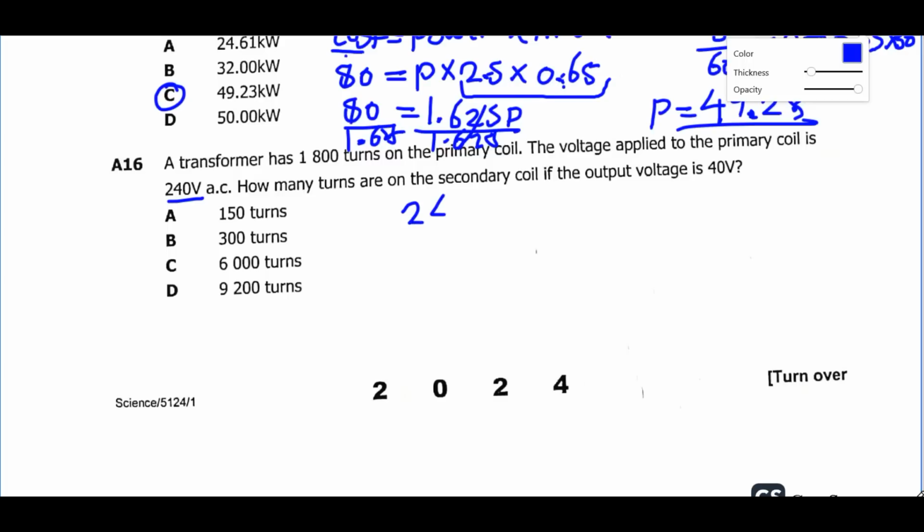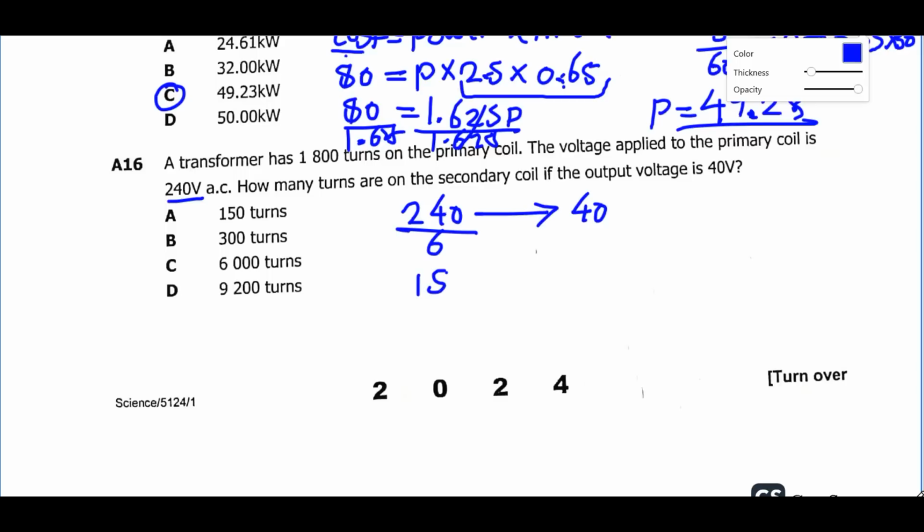So what number was 240 divided by to give us 40? 240 divided by 40 is giving me 6. So 240 divided by 6 is 40.